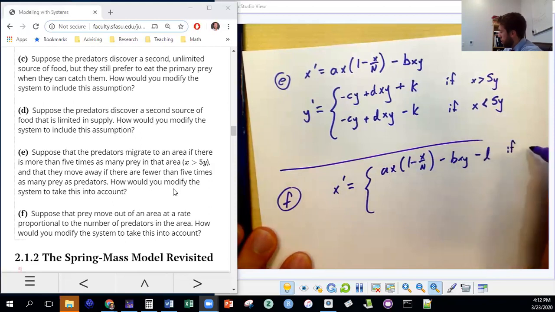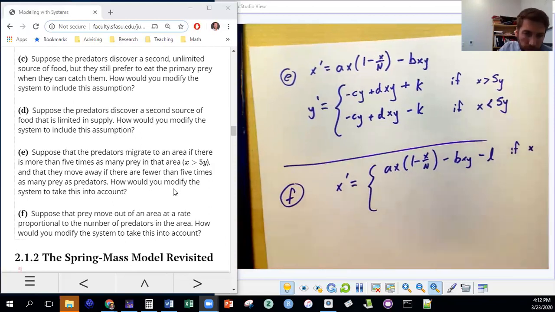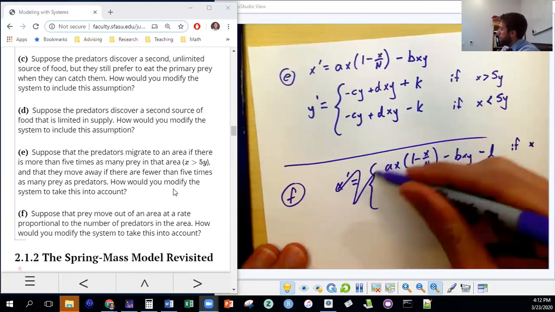If x, let's see, move out of an area at a rate proportional to the number of predators in the area. So there's no prey moving in. Never mind. It's only moving out.